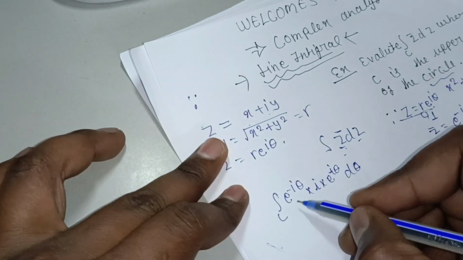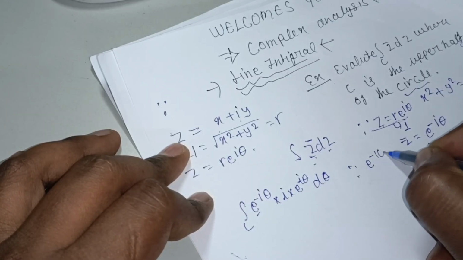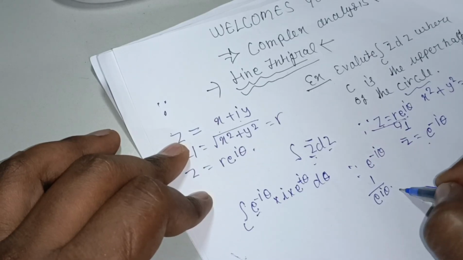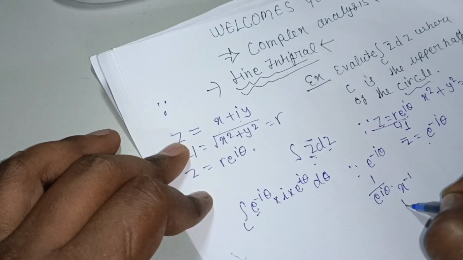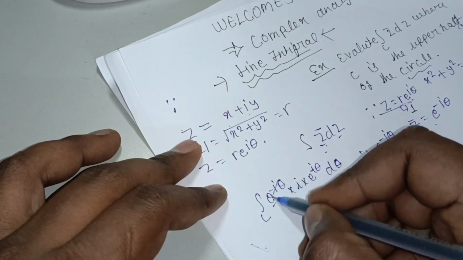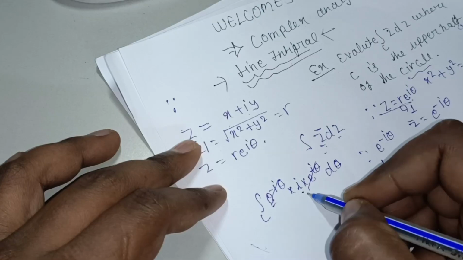So remember, we know that e to the power minus iota theta can be written as 1 upon e to the power iota theta, right? Just similar to this, x to the power minus 1 can be written as 1 by x. So this will cancel with this, then here will be only the integration of iota d theta.